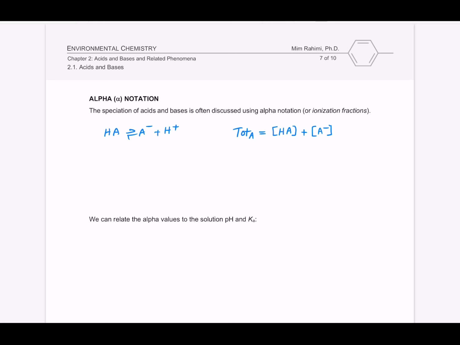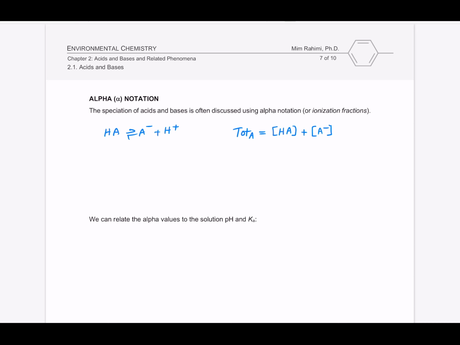If it's a very weak acid, no dissociation, so pretty much all of that is in the form of HA, or if it's a stronger acid, it would be mostly this one. So this is a known value. This is something that you're adding. This is something that you need to calculate, right? When you add it, you don't have any control. It reaches equilibrium. So we want to see what's the distribution at equilibrium.